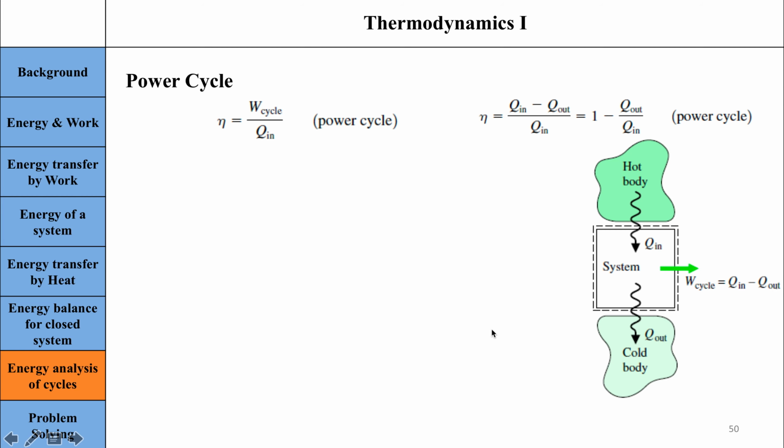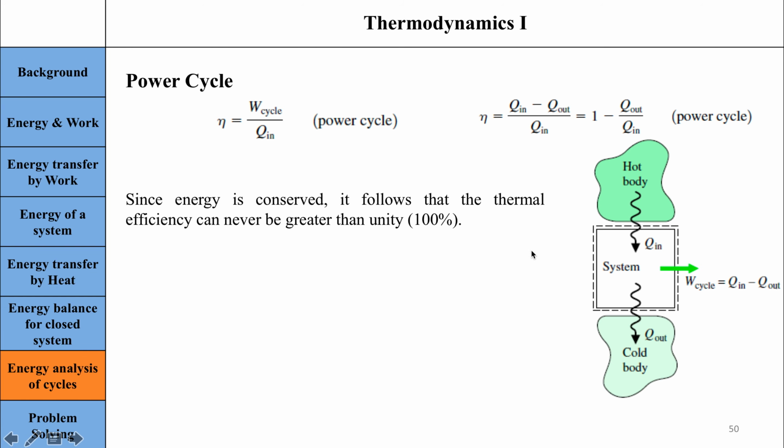And now remember that because energy is being conserved, the thermal efficiency can never be greater than 100%. What that means is that the work done across the cycle can only be a maximum of the heat that is being supplied in. The work done cannot be greater than the heat that is being supplied in because energy is conserved.